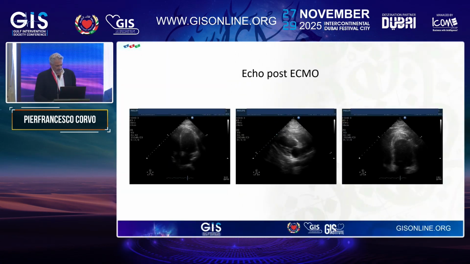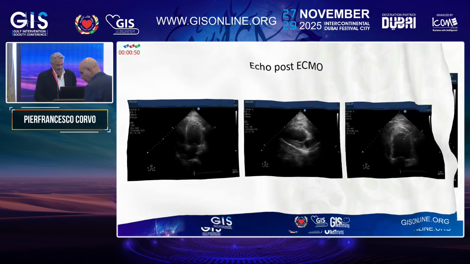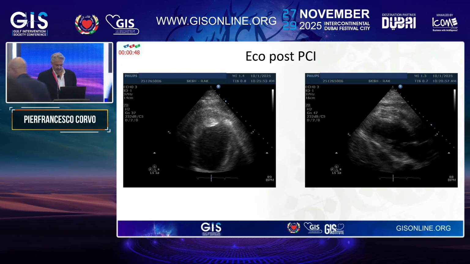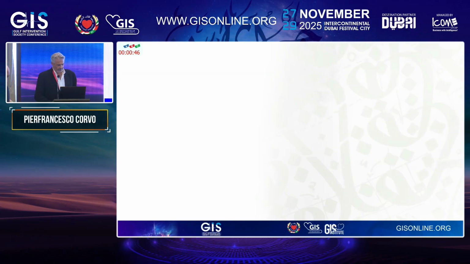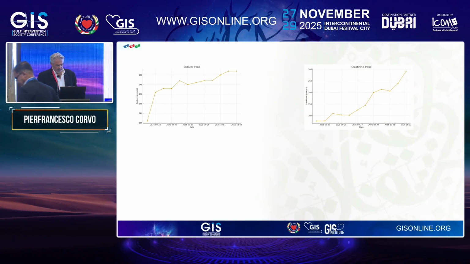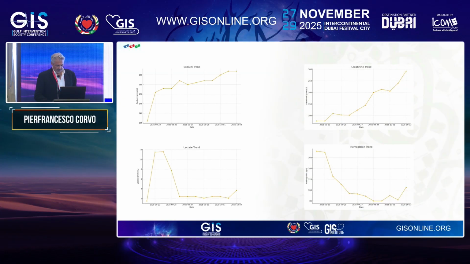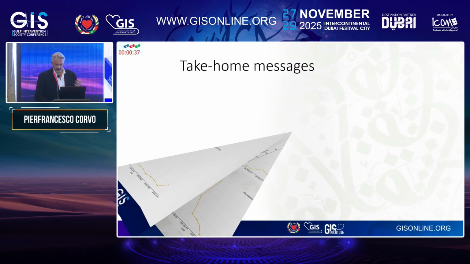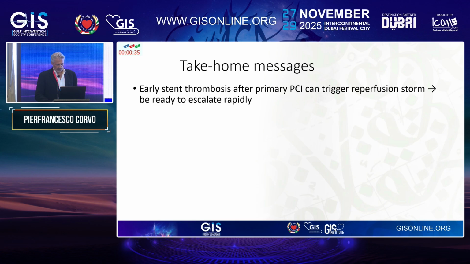This is just the image of the echo after the insertion of ECMO, and this was the presence of thrombus, just to show you. I will go briefly because time is going on. These are just graphs to show how the patient was deteriorating during the ECMO treatment.